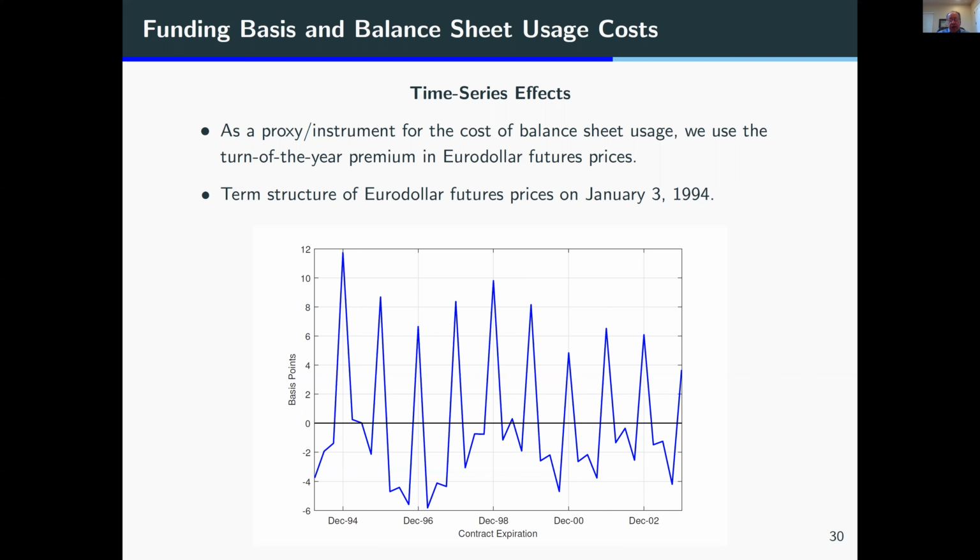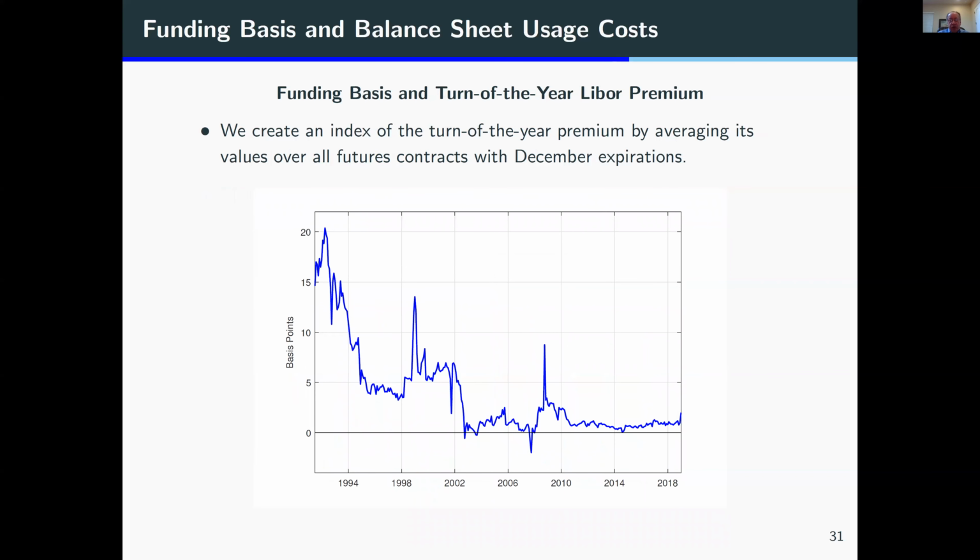So it just gives us a way of measuring the reluctance to put stuff on balance sheet. So we're going to, again, take the difference. We're going to look at the September and the March expirations, compare it to the December expiration prices, and that's what we call our turn of the year premium as a way of measuring the reluctance to put things on balance sheet.